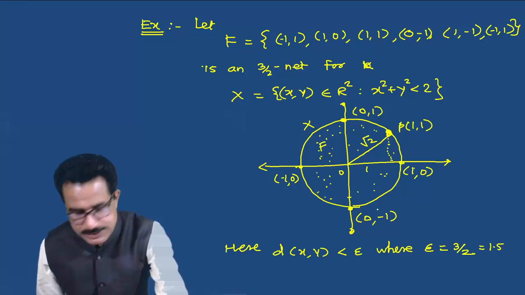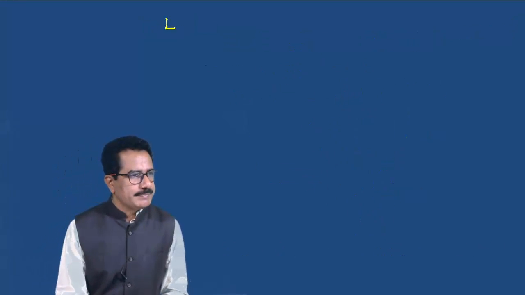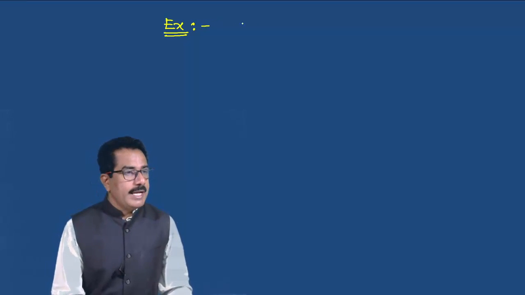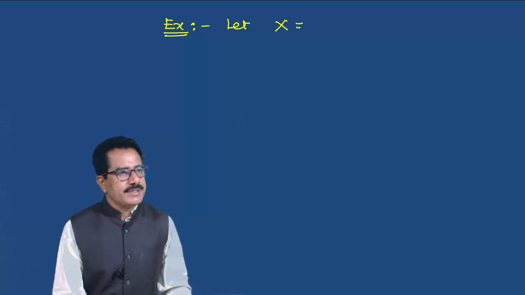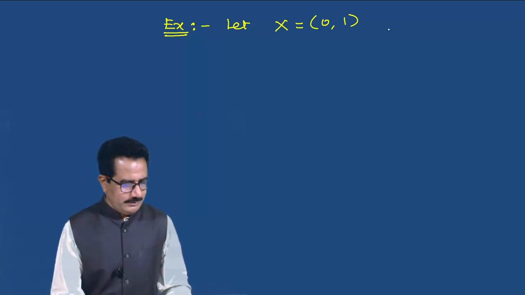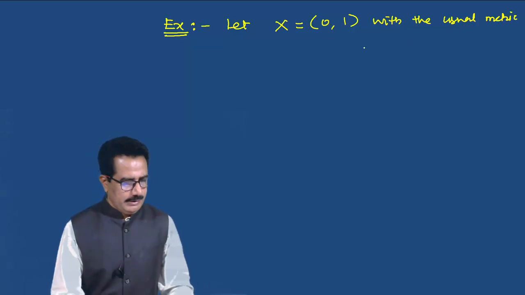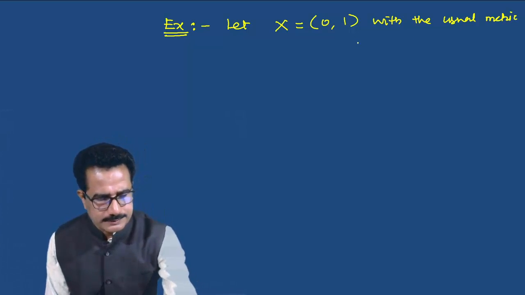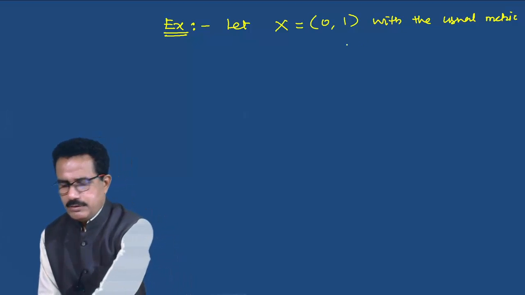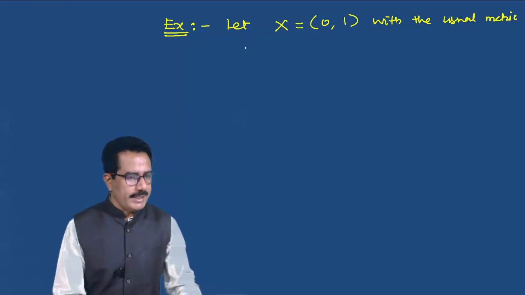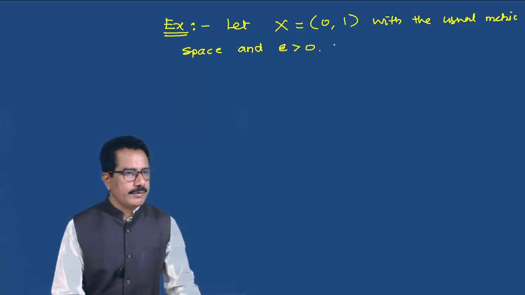Okay, now we shall discuss the second example. What is that second example? Let capital X be [0, 1] with the usual metric space, and epsilon greater than 0.